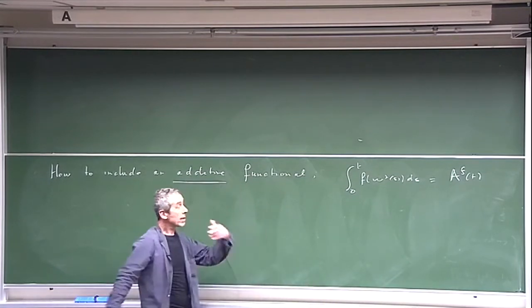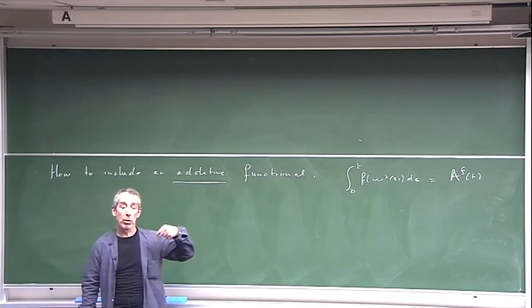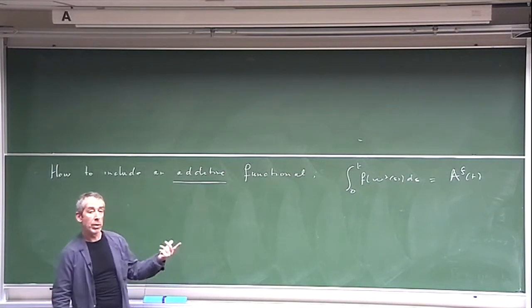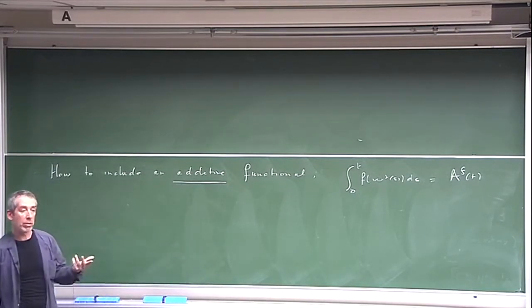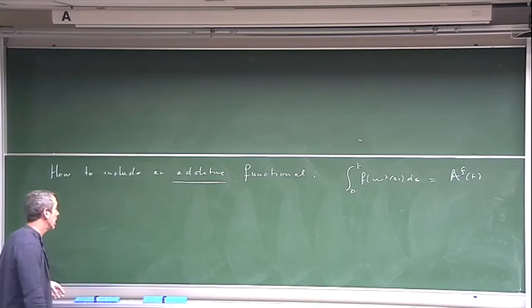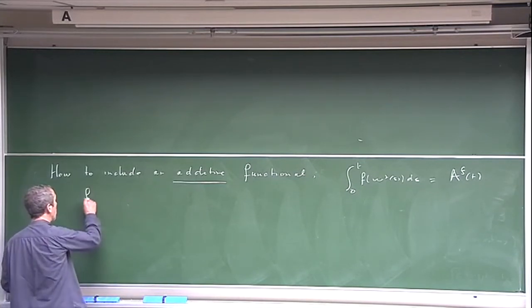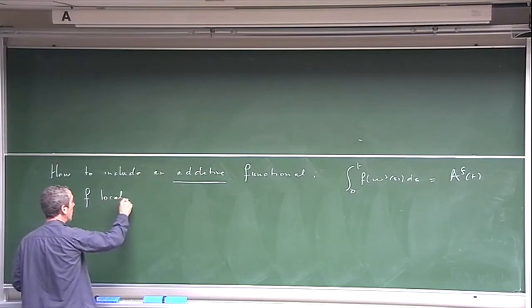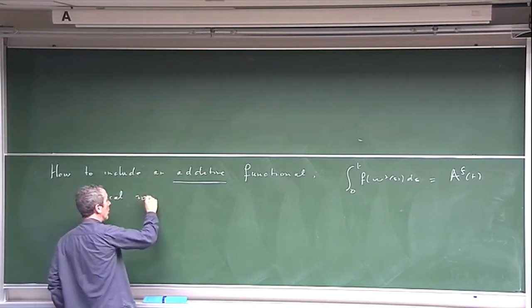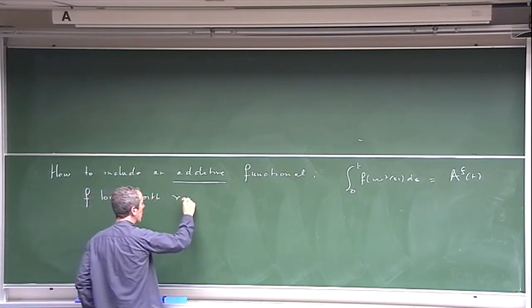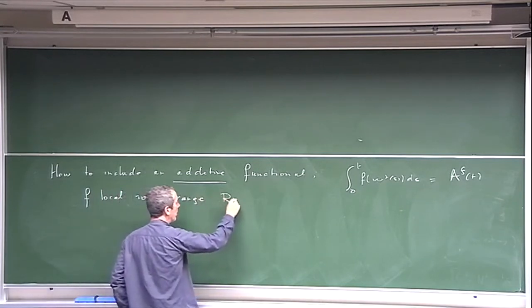And you remember that I can be interested in local f's, which can be either bounded or in h-1 infinity. Anyway, I'm assuming that f is local, so it's local with a range RF.